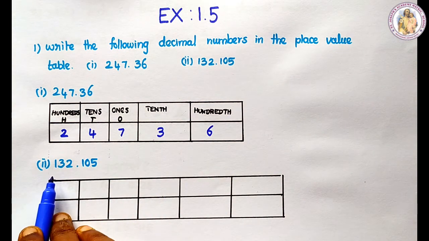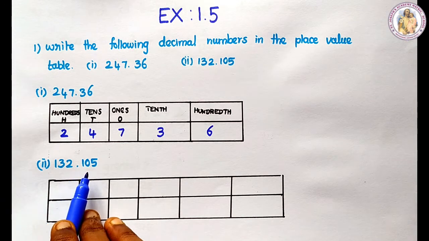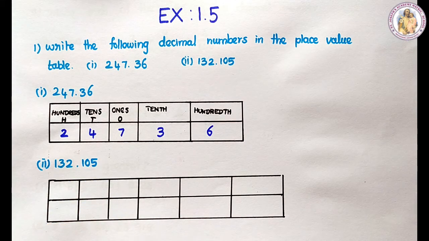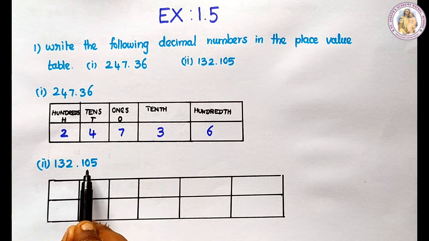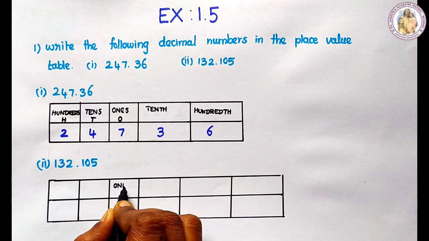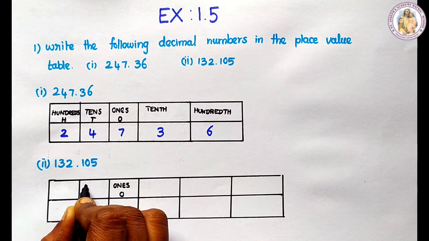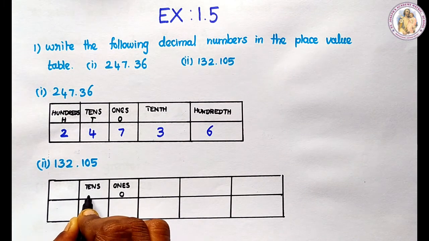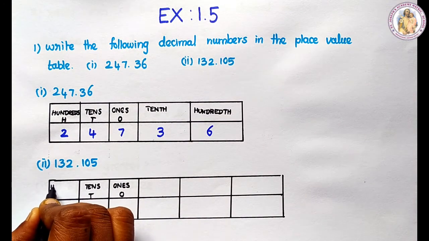Next one, 132.105. Listen here. Ones, tens, hundreds.